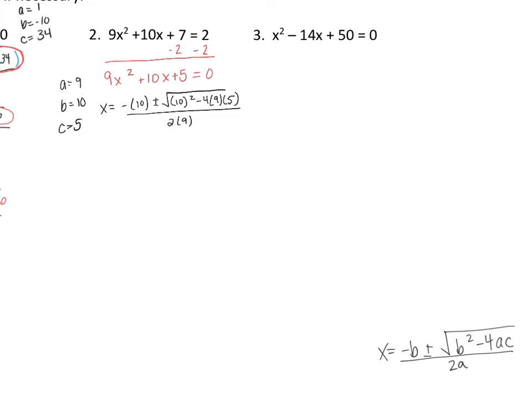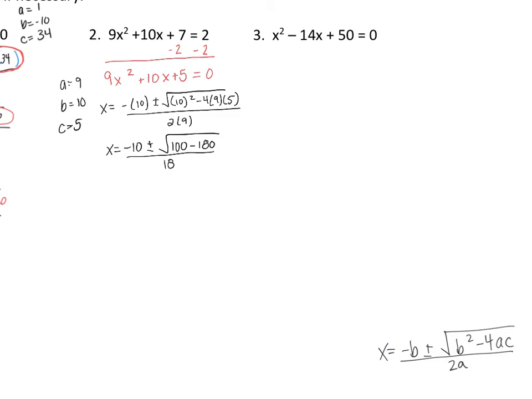I just plugged in my a, b, and c. Now I'm going to go ahead and simplify. So x equals negative 10 plus or minus the square root of 10 squared, which is 100, minus 4 times 9 times negative 5, which is negative 180. And I can't forget to keep this all over 18.